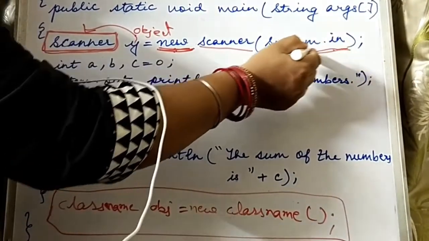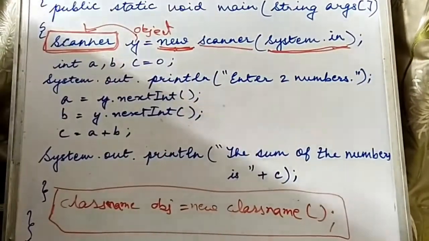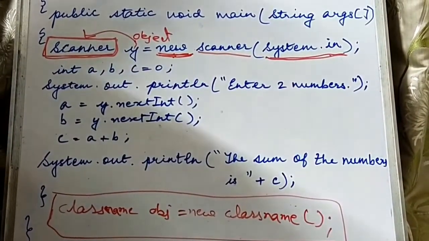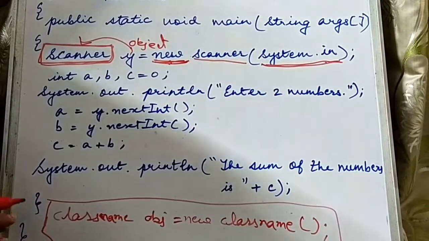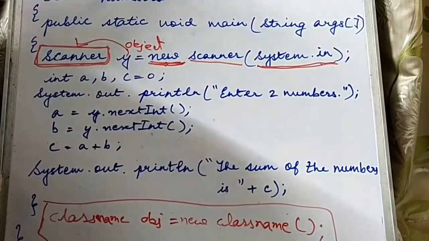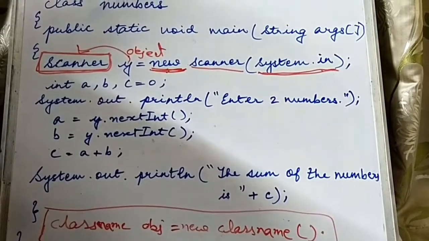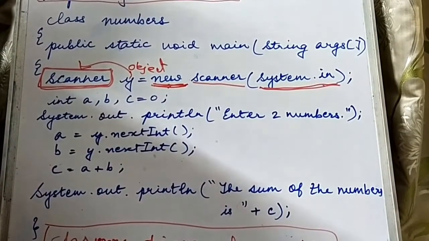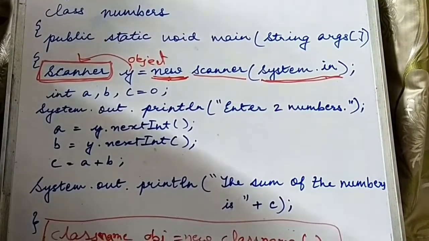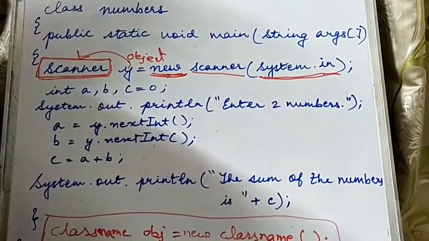Now what is the meaning of System.in? We have the IO stream. IO stream means it provides us three different functions through which we can input and output our data and variables, data values. So here System.in is used to input anything from the keyboard.